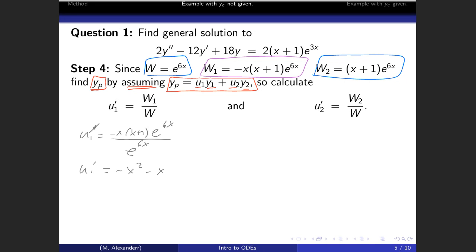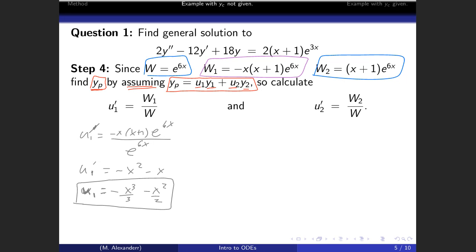Okay, so that's the u1 prime. But now what we want to find is the u1 itself. Okay, so u1 is going to be equal to the integral of that. So it's going to be negative x to the 3 divided by 3 minus x squared divided by 2. And you could put in a plus c if you wanted to, but let's just write it out here without the constant. Okay, we usually don't put in the constant whenever we do the variation of parameters.